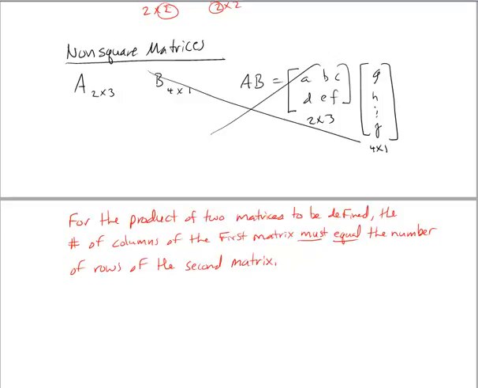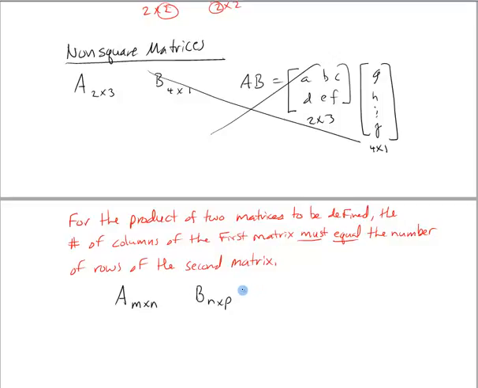Now let's look at this definition a little closer. Say we had matrix A, which is some generic M by N, and some other matrix B with N by P dimension. The number of columns in the first matrix is equal to the number of rows in the second matrix, so I can get a solution here.